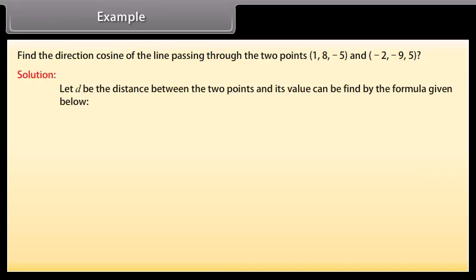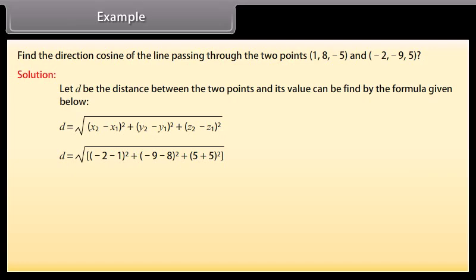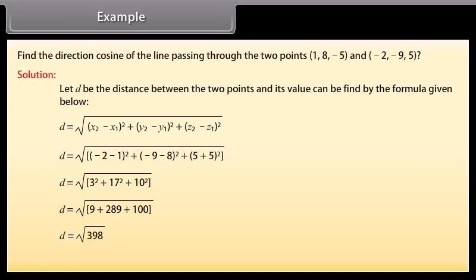Let d be the distance between the 2 points and its value can be found by the formula given below. d equals the square root of (x2 minus x1) square plus (y2 minus y1) square plus (z2 minus z1) square. d equals square root of (minus 2 minus 1) square plus (minus 9 minus 8) square plus 5 square. d equals square root of 3 square plus 17 square plus 10 square. d equals square root of 9 plus 289 plus 100. d equals square root of 398. d equals 19.94.